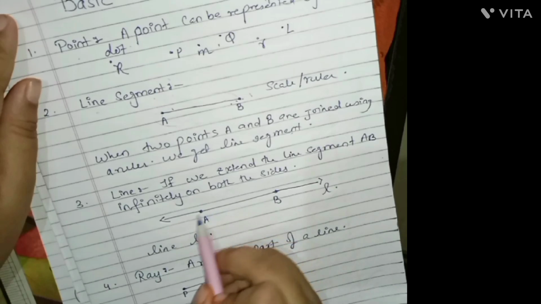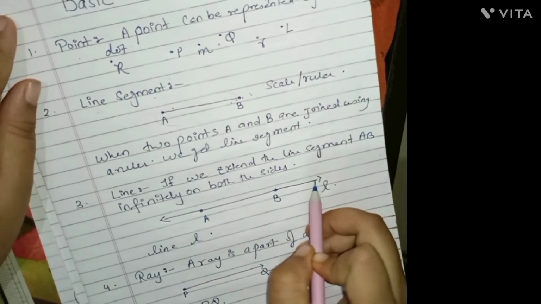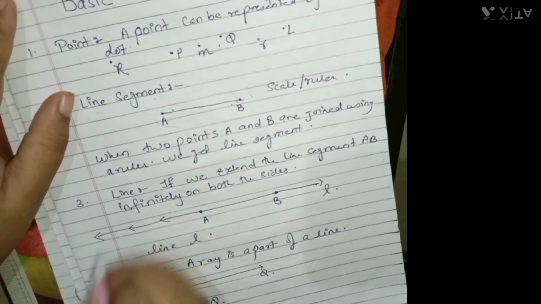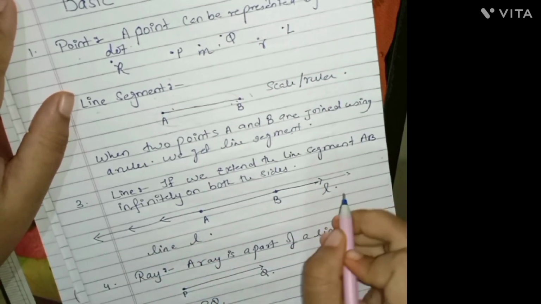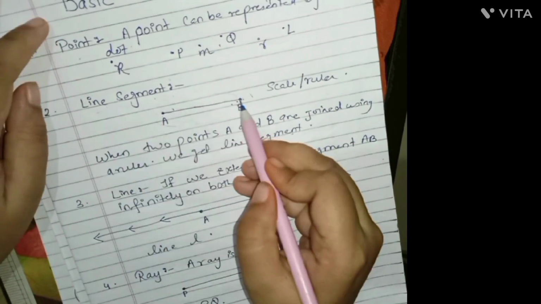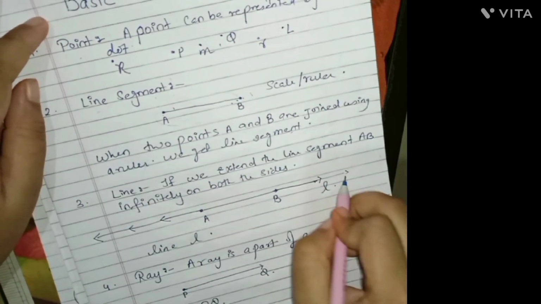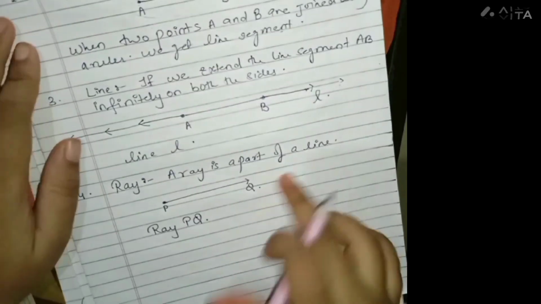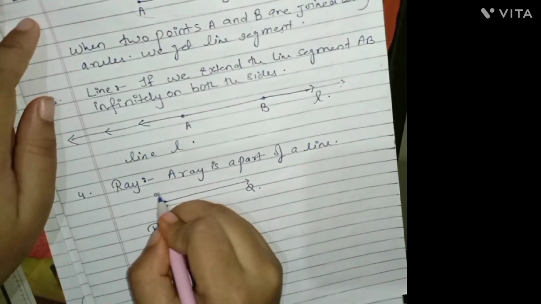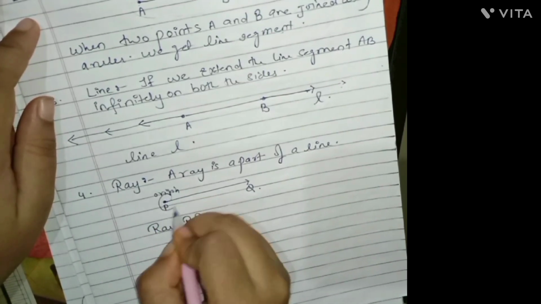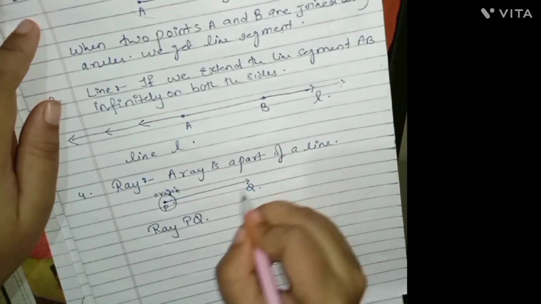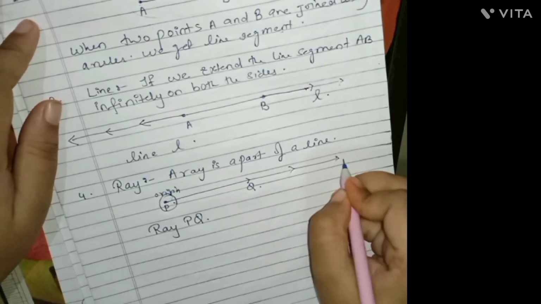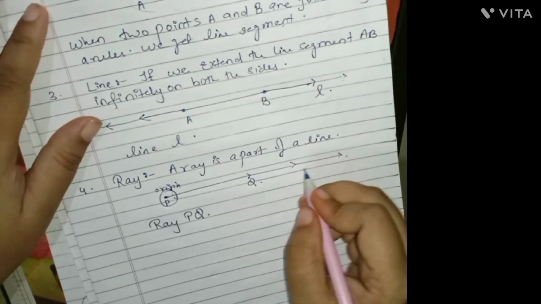A line is a line segment extended infinitely on both sides. A line segment ends with points and a line ends with arrows. Now here is a ray. A ray is a part of a line which starts from the origin and ends with an arrow, and we can extend it at any point.